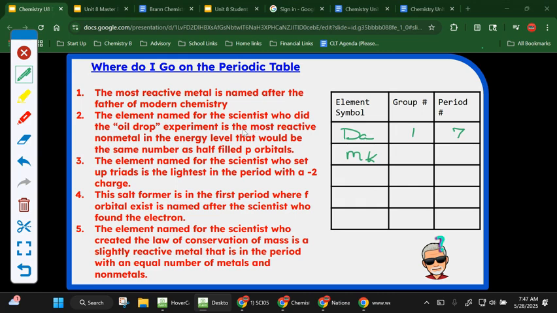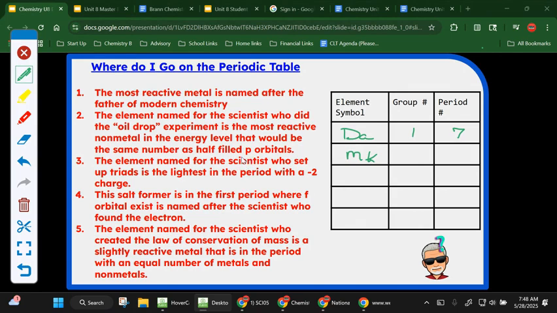Is the most reactive nonmetal. Where are more reactive nonmetals? Closer to what? Closer to fluorine. Okay? In the energy level, that would be the same number as half-filled p orbitals.